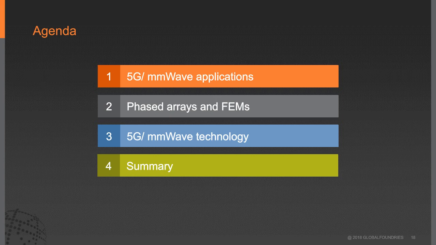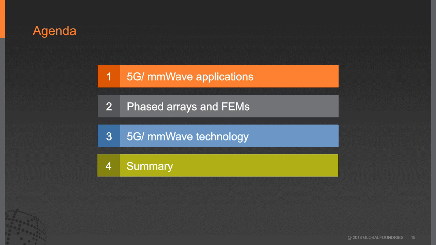So the key message there is that it's your receiver noise figure and the transmit output power of your power amplifier which have a huge impact on the number of elements of the phased array. Those two parameters determine how many elements of the phased array you need to meet your system requirements. So the choice of technology becomes very critical.